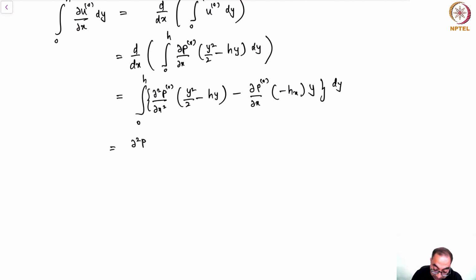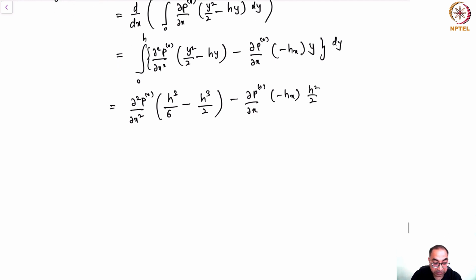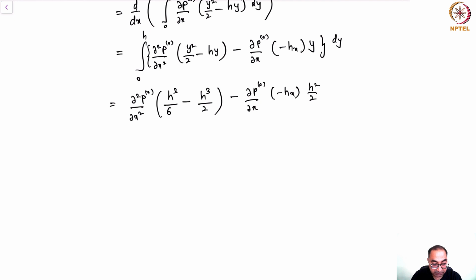I get ∂²p0/∂x² times the first term, which becomes h cubed over 3 multiplied by 2, that's 6, minus h cubed over 2. Then I have minus ∂p0/∂x times minus hx, and the integral of y essentially becomes h squared over 2. That's my expression that I have here.